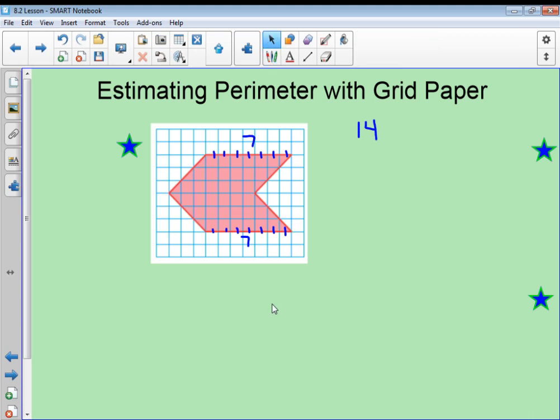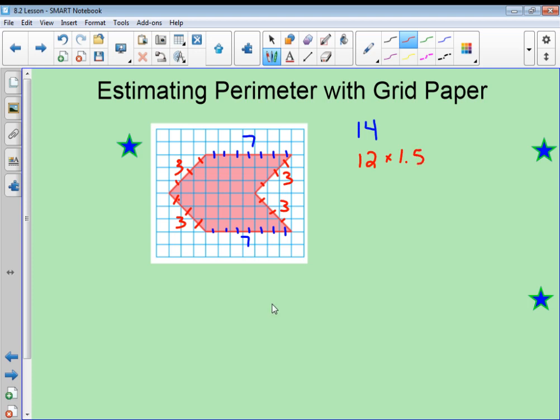Now I'm going to count my diagonals, and I have to remember to take this times 1.5. Here I have 1, 2, 3, 4, 5, 6. So there's 3 here, 3 here. 1, 2, 3. There's another 3. 1, 2, 3. There's another 3. So I have a total of 12. Now I have to remember, I'm going to take that 12 times 1.5.